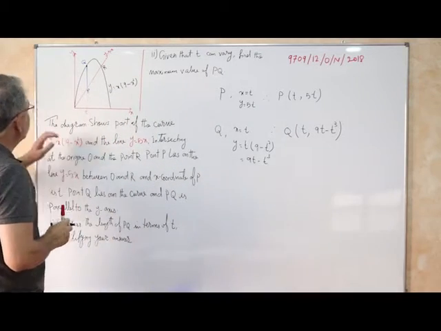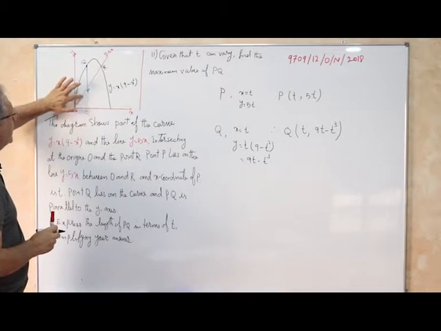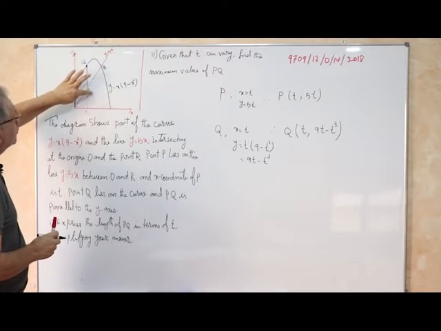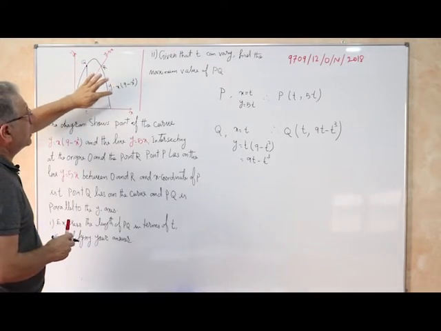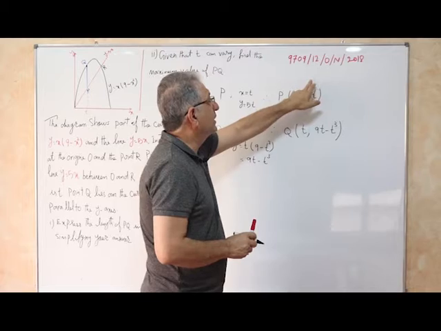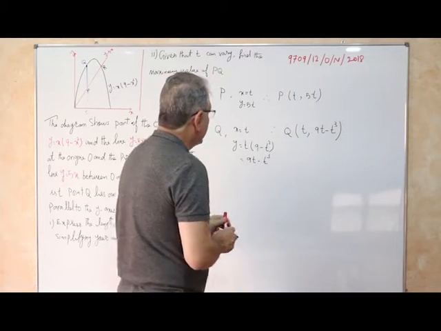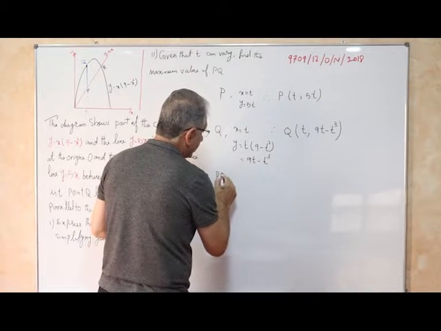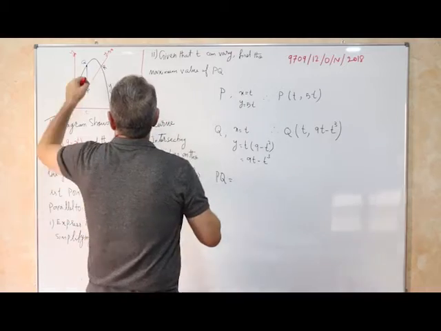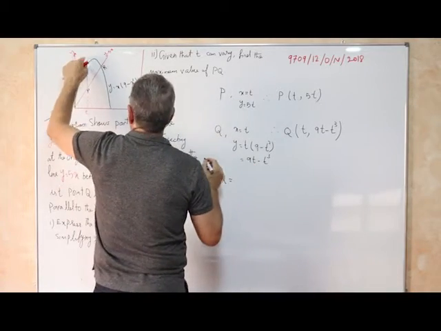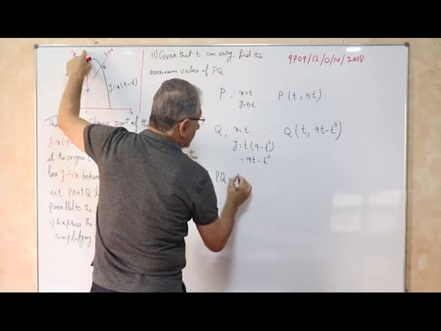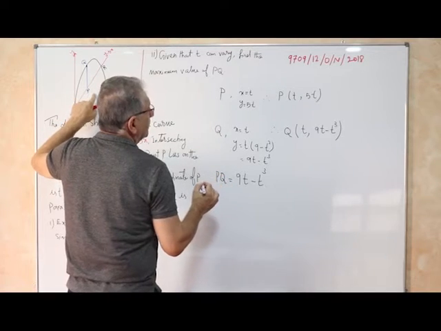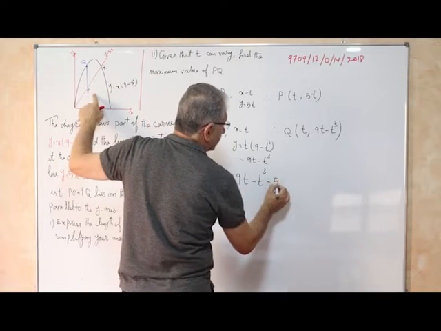Now, if we want to find the distance QP, it is sufficient to subtract the y coordinate of P from the y coordinate of Q. Therefore, if I subtract this from this, I am going to get PQ. Therefore, the length of PQ is equal to 9t minus t cubed minus point P, which is minus 5t.